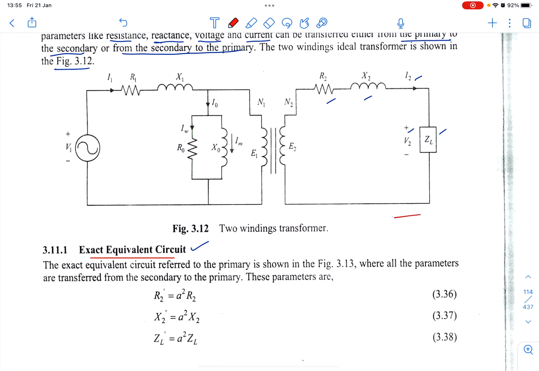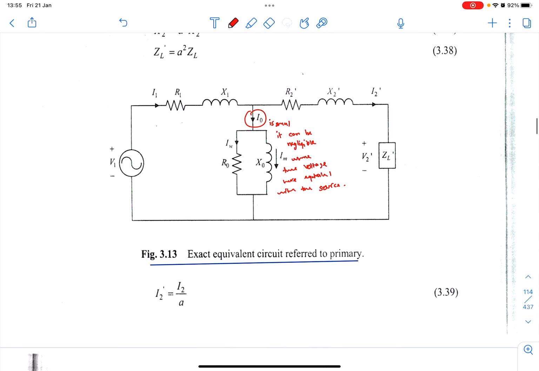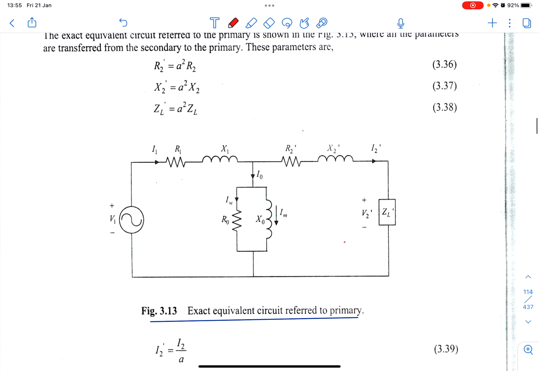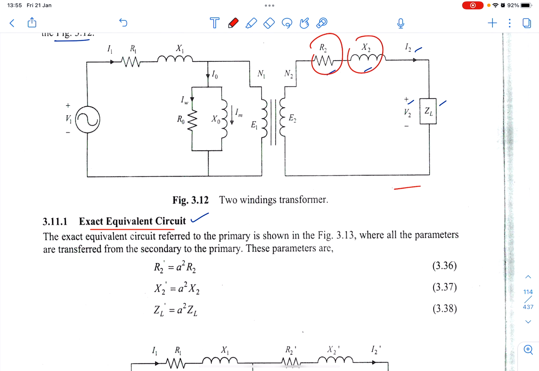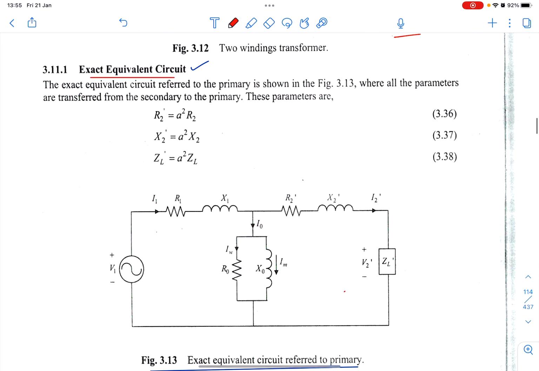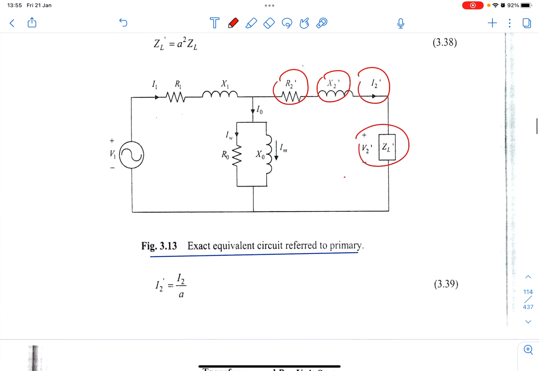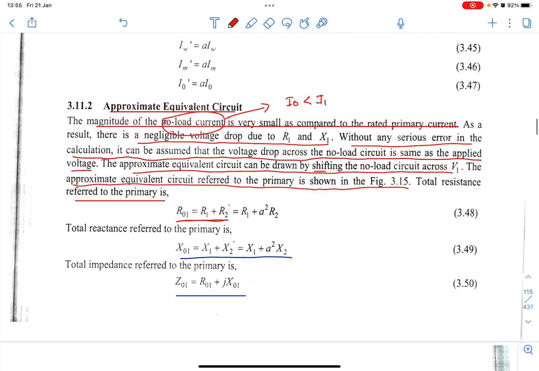This is the original circuit, the two winding transformer, and then we have the equivalent circuit here. We want to transfer all the secondary parameters to the primary side. So it becomes like this: R2 prime, X2 prime, and V2 prime. So we have two equivalent circuits, where you have the exact equivalent circuit, and then you also have the approximate equivalent circuit.